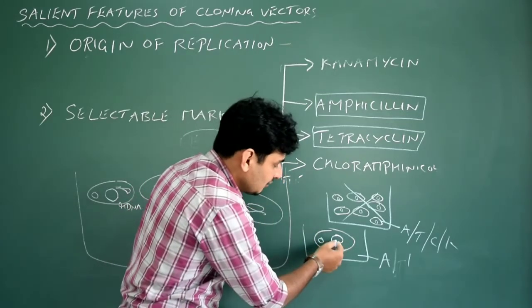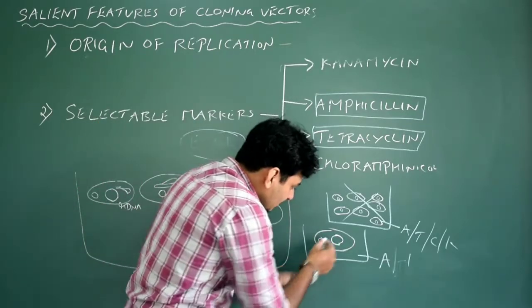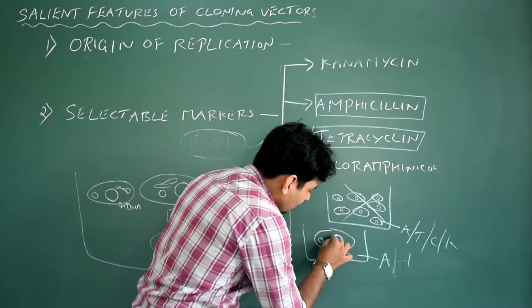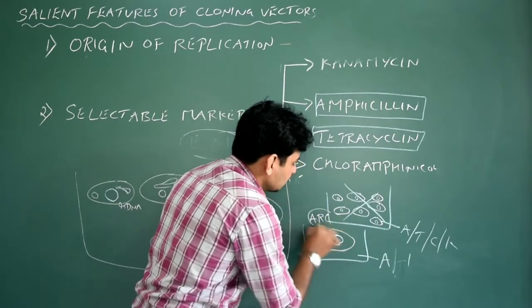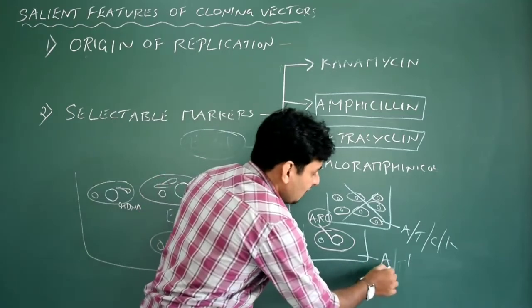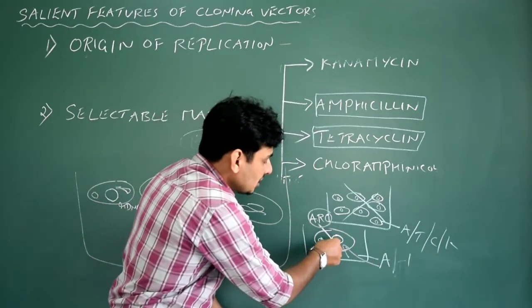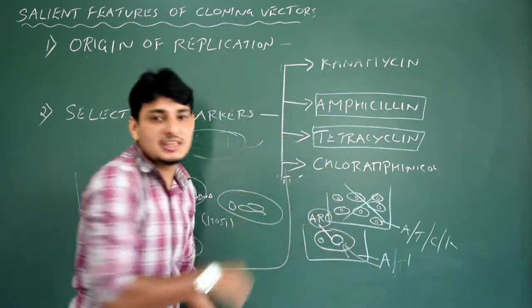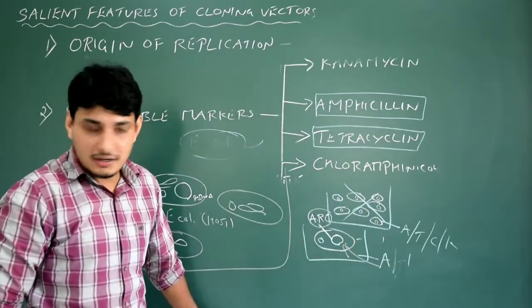But this rDNA, where we have used a cloning vector, will have some genes. For example, this gene is the ampicillin resistance gene, ARG, in the cloning vector. So if I treat with ampicillin and they survive, that means this cloning vector has been introduced into the E. coli and it is now recombinant. Simple. Got it?